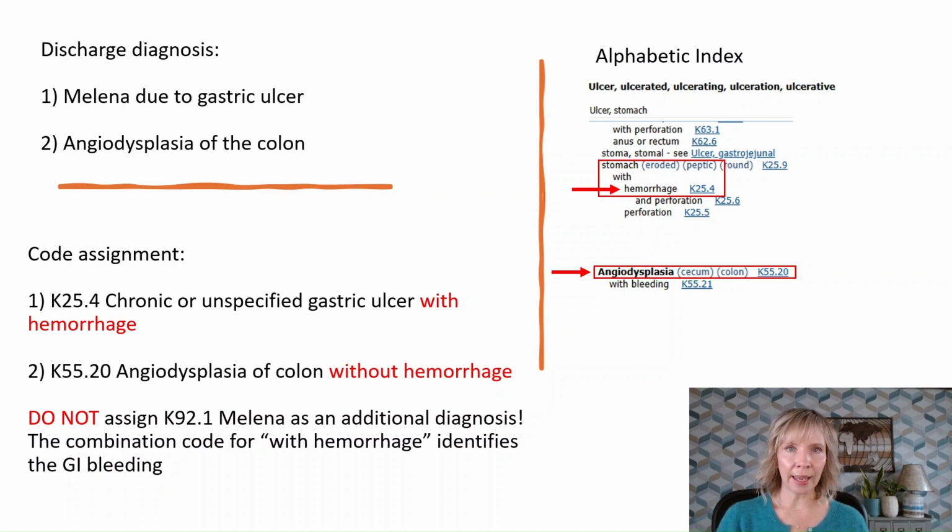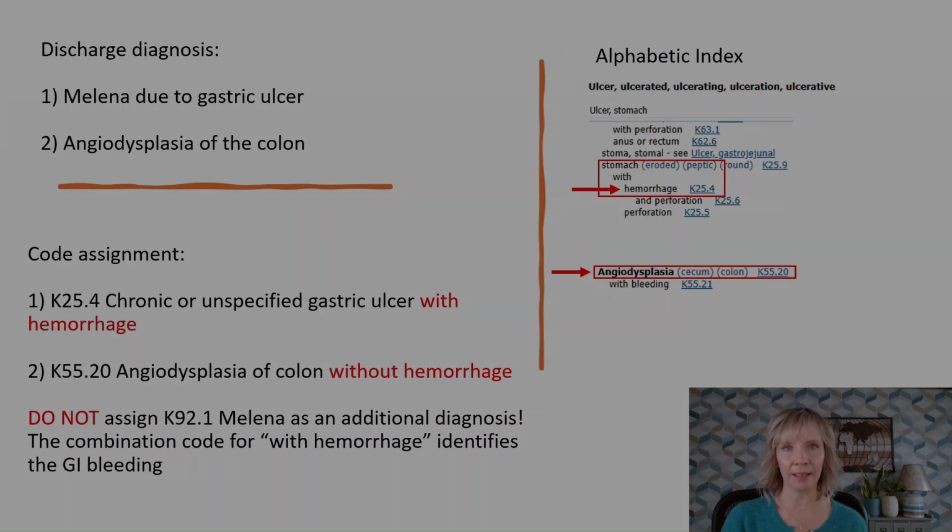But in this case, the physician has identified the cause of the GI bleeding as the gastric ulcer, and this means that the presumed causal relationship between angiodysplasia and bleeding has been broken, and we should code the angiodysplasia as without hemorrhage. Notice again that only the combination code for the gastric ulcer with hemorrhage is assigned. No additional code should be assigned for the melena because the combination code for with hemorrhage identifies the presence of the GI bleeding.